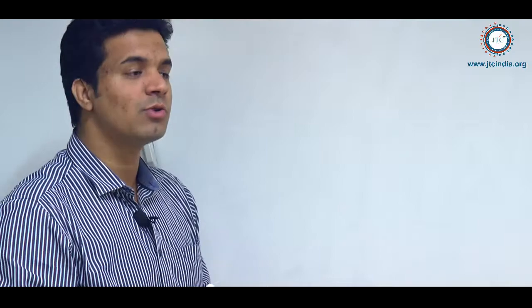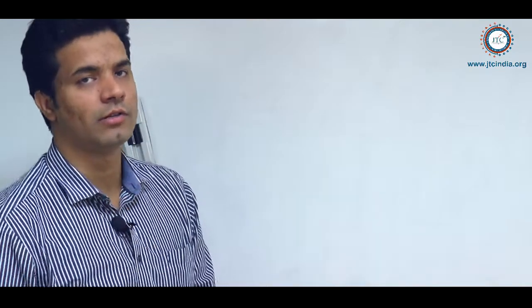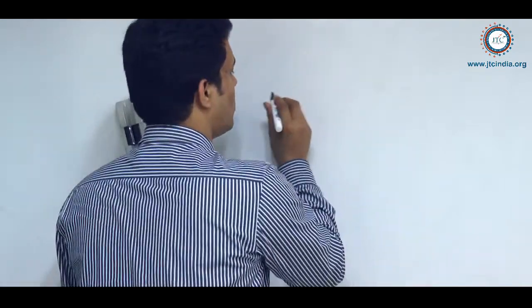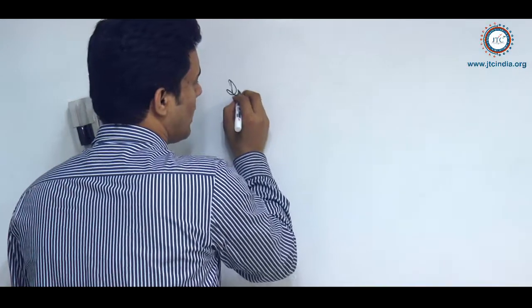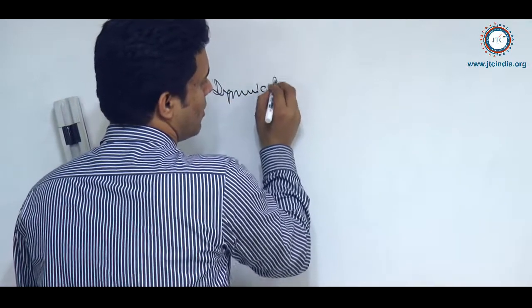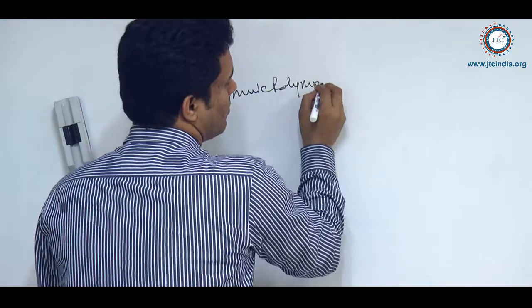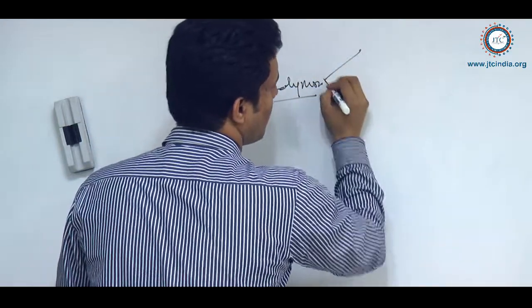In order to achieve dynamic polymorphism or runtime polymorphism, two things are very important.